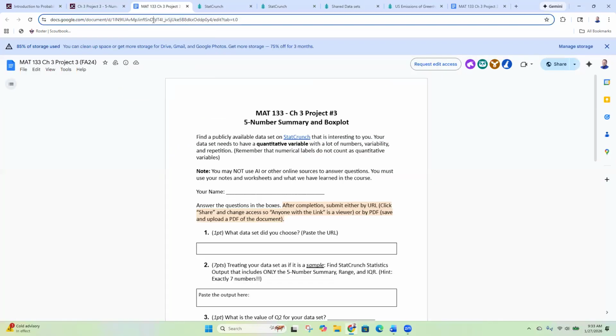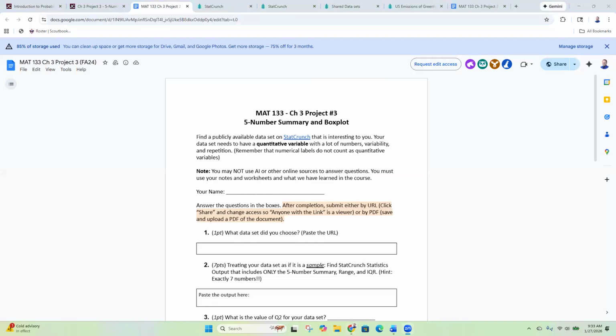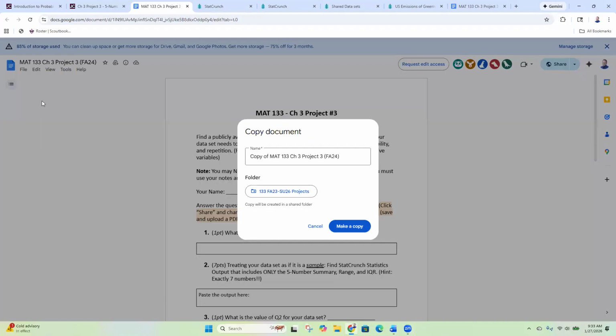All right, so when you click on that link, it brings you here, and I'll drop this in the chat as well. This is our Google document where we're going to be filling in our answers, but you can't fill in here. You have to do File, make a copy. You don't have to rename the date, but it is spring 2026.